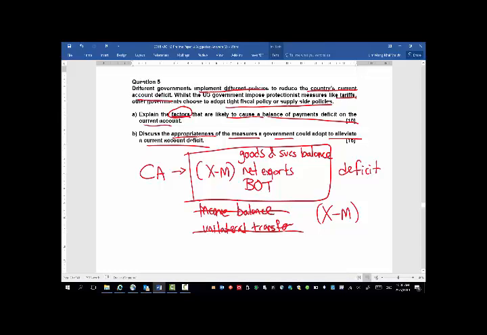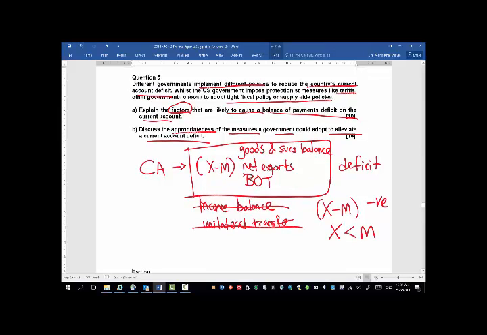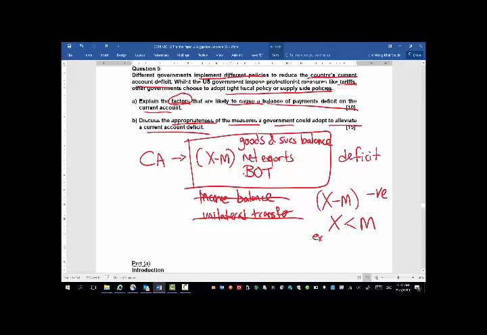This is actually negative, which suggests that your X is lesser than your M. So what are some reasons as to why export revenue is smaller than your import expenditure? What are some possible reasons behind that, the factors?